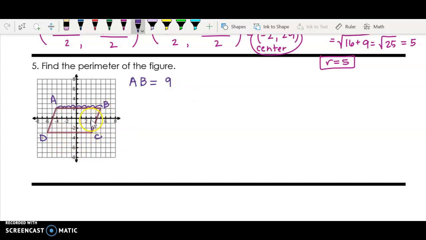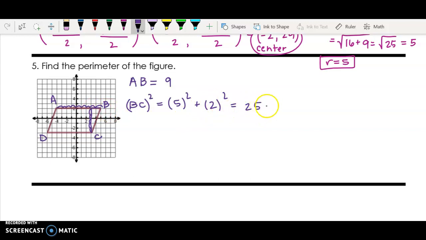Now to find BC, I'm going to make a right triangle and use the Pythagorean theorem. So BC squared, and then I'm going to use a squared and b squared. So BC is my hypotenuse. 1, 2, 3, 4, 5, and then 2 for the top.